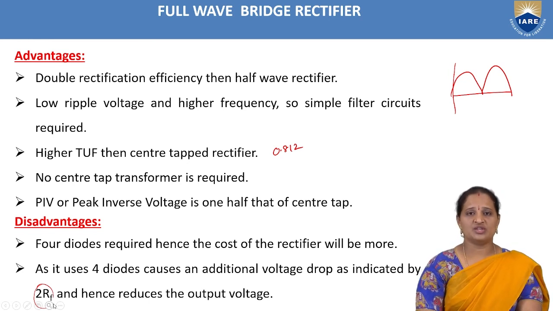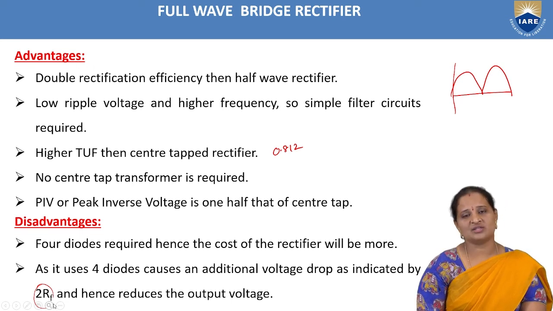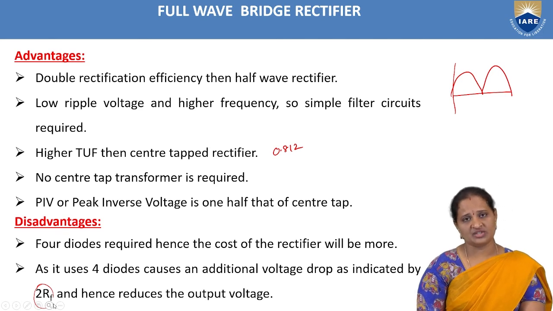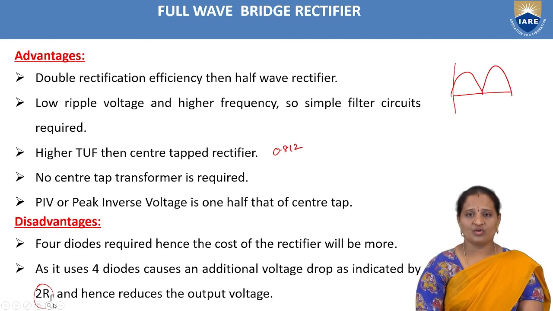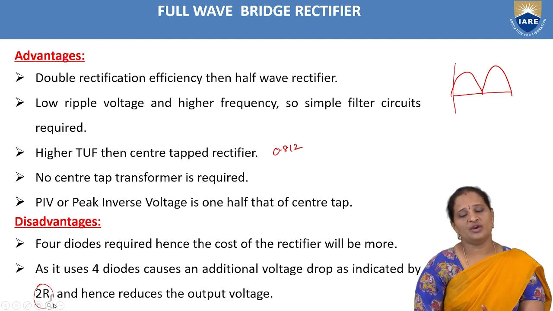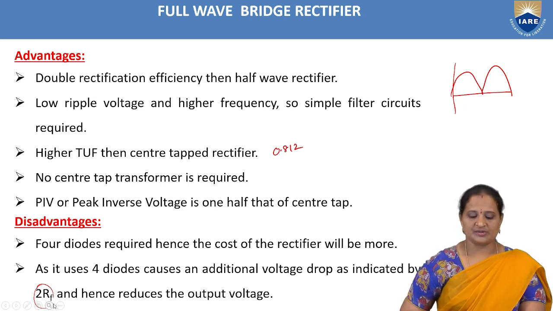So in short, the circuit is complex and somewhat costlier, as we are using 4 diodes connected in bridge configuration. And one more drawback is that the output voltage is reduced, as 2 diodes become on during either the positive or negative half cycle of the input voltage.